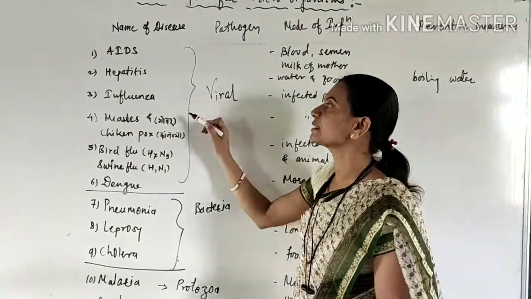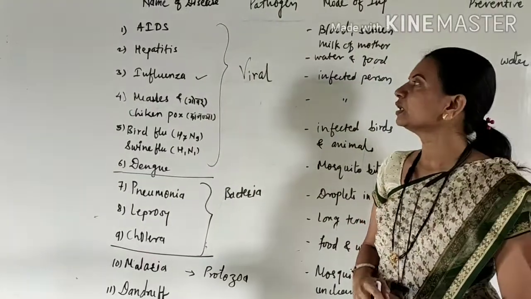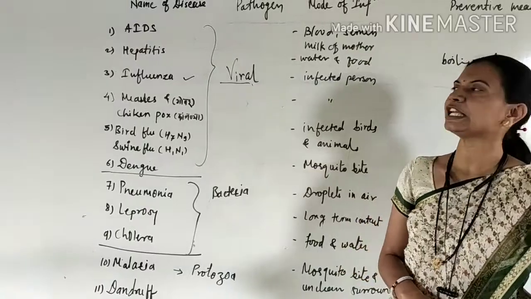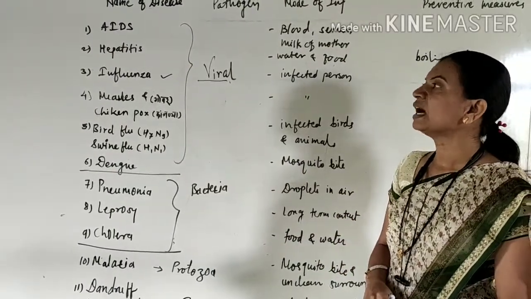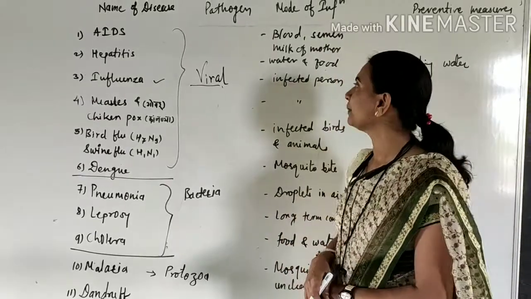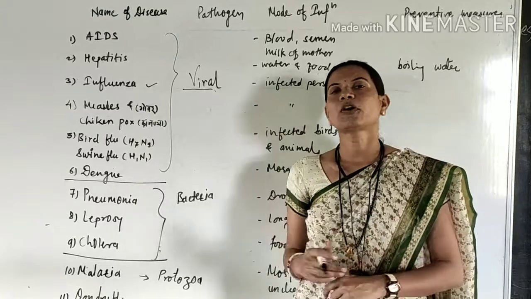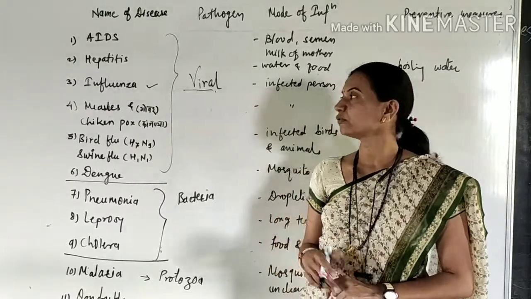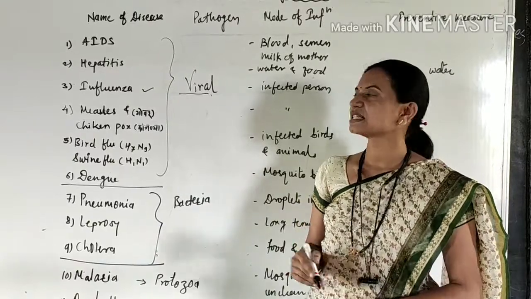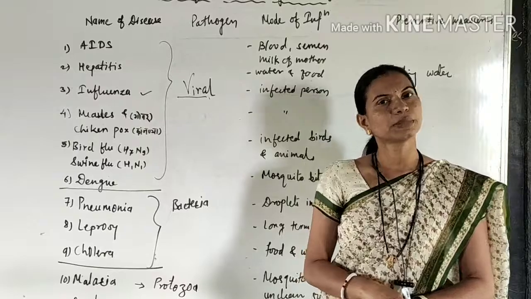Now the next disease is influenza. Influenza is also due to a viral infection, meaning the virus is the causing agent. The mode of infection is when you come in contact with an infected person. With long-term contact with a patient suffering from influenza, there is a chance the influenza virus enters a healthy person's body.